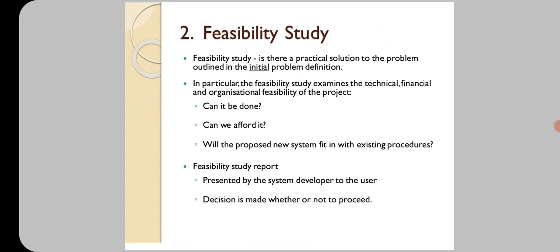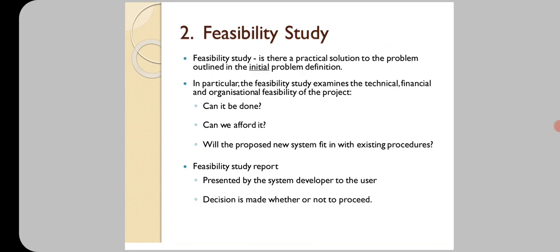So they will check all these three things, and after that they prepare a report on the study of the feasibility. It is called the feasibility study report. It contains all the information presented by the system developer to the user, and a decision is made whether or not to proceed.